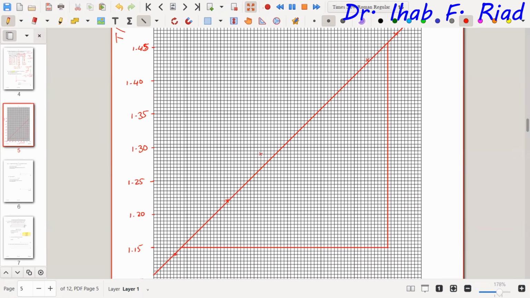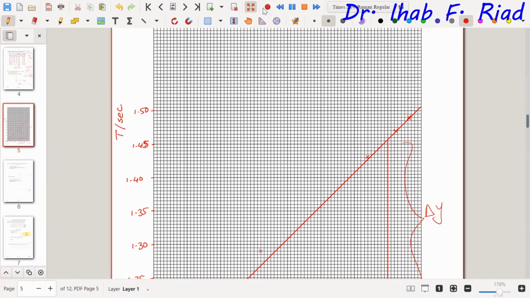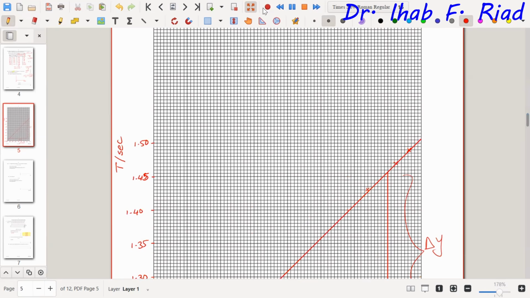So what I'm going to do is delta y divide delta x. The change in y divides the change in x. So what we got here is this.